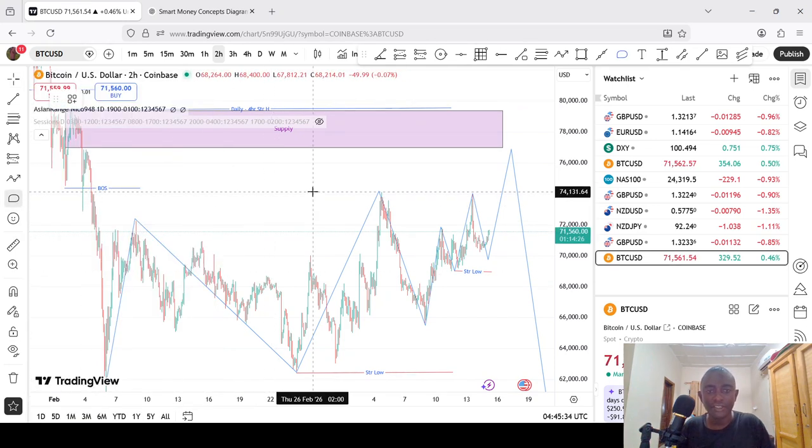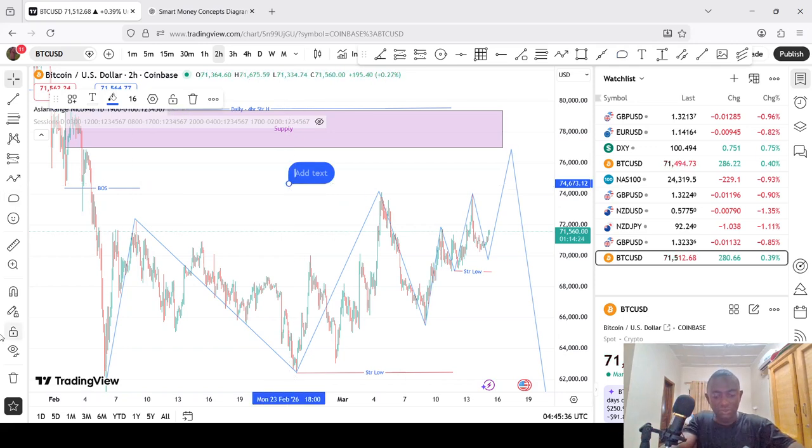Okay, this is the comment section. So we will be dealing with order blocks. In short, sometimes you just describe it as OB. Yes, and the next one will be fair value gaps. Then we move to the next one.